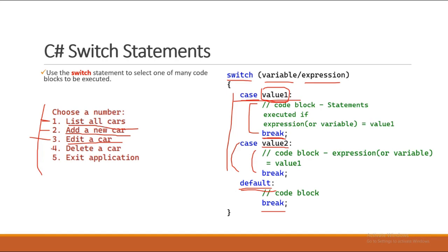If a user enters four, it will delete a car, and if they enter five, it will exit the application. It's very convenient when you use menu items and so on. If you have many matching values, switch case is very convenient.